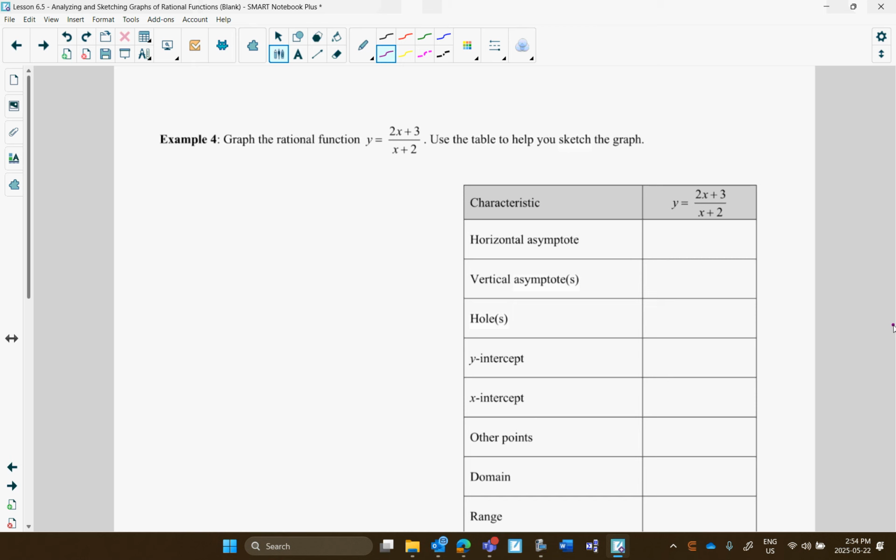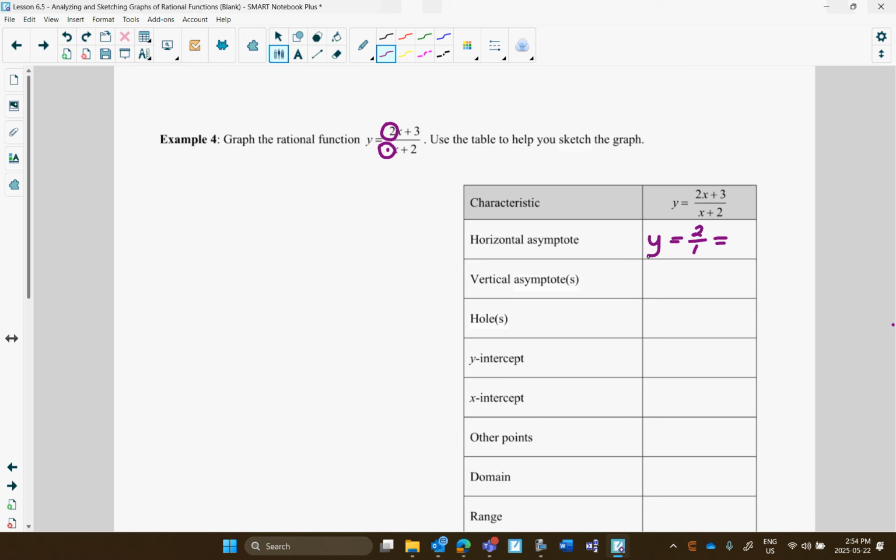Degree of the denominator. Therefore, the horizontal asymptote is the number in front of the one exponent up top divided by the number in front of the one exponent on the bottom. Oh, sorry, this is y equals, not x equals. A mistake.